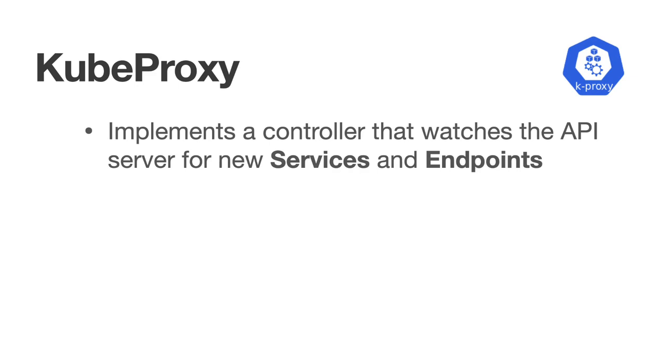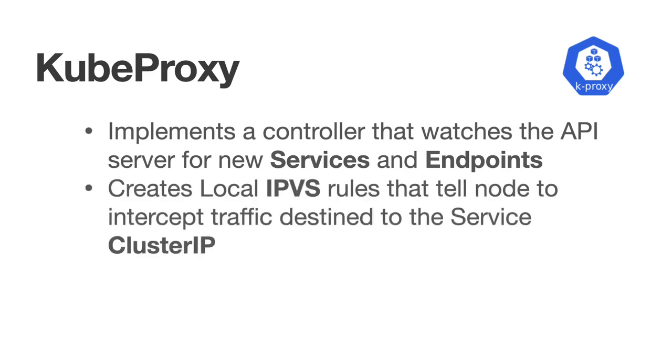When there is a new service and endpoint, the kube-proxy creates a local IPVS rule or rules that tell the node to intercept the traffic destined to the service cluster IP.